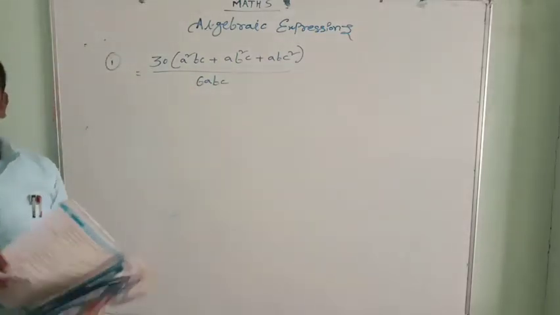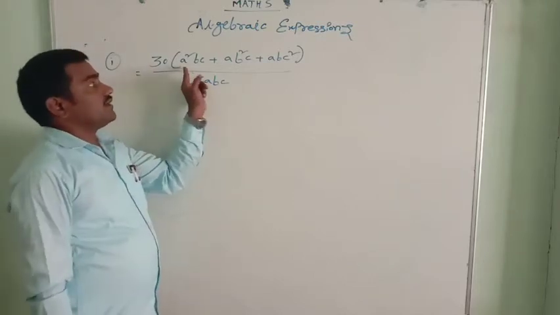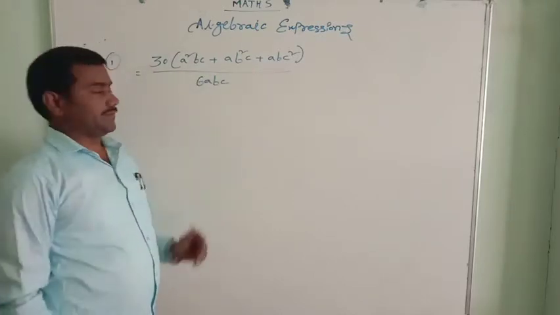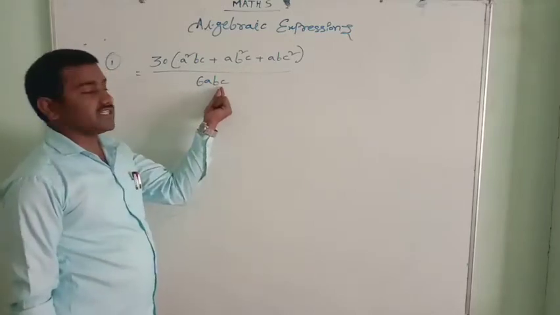Let us learn how to divide this. Very simple. See that from these 3 terms in the numerator, and the denominator term is ABC.